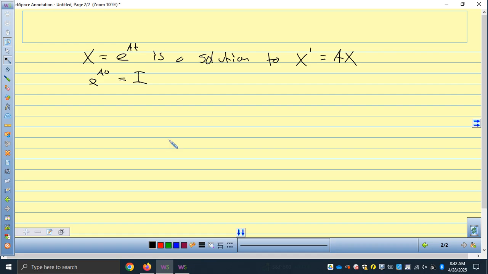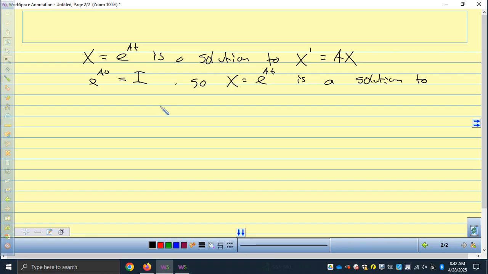So this tells us that x equals e to the At is a solution to the initial value problem x prime equals Ax, with x of 0 equal to the identity matrix.